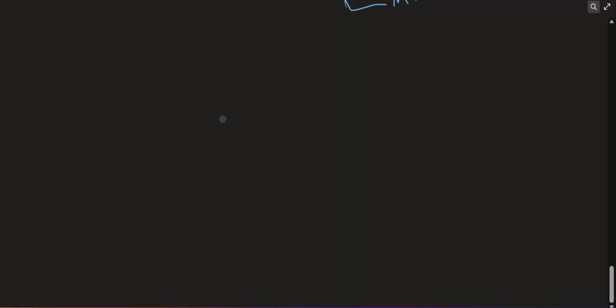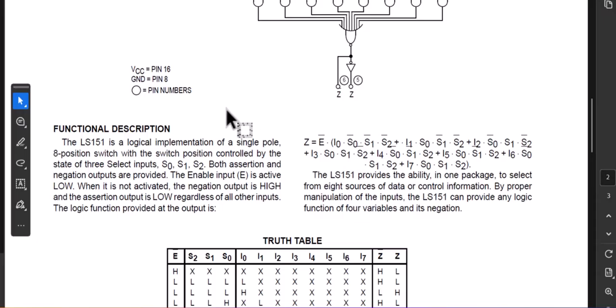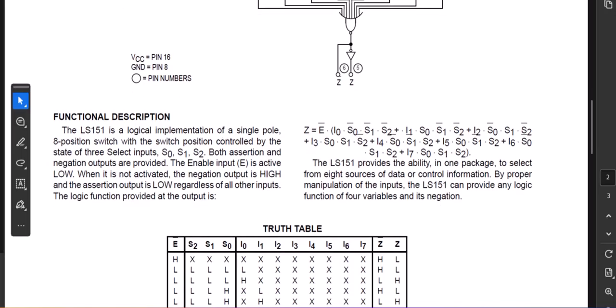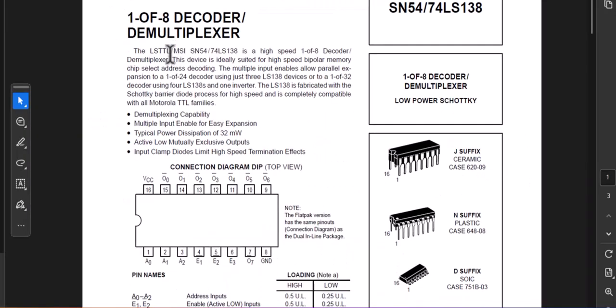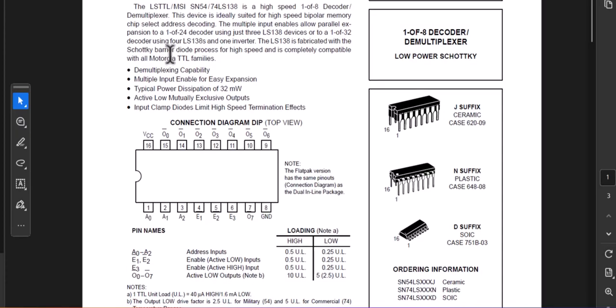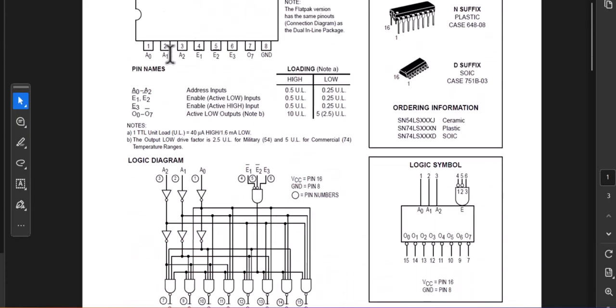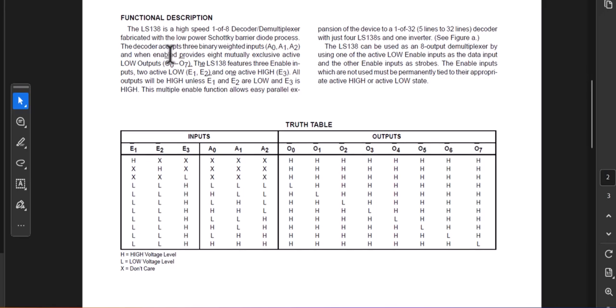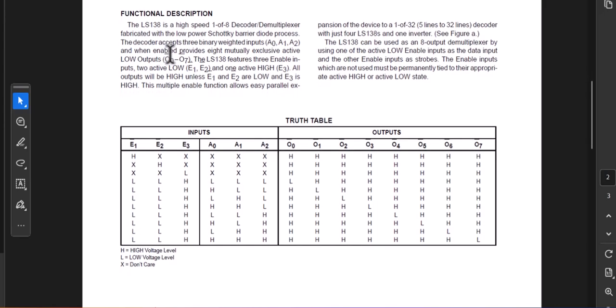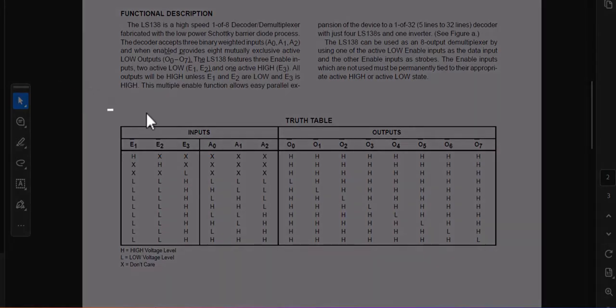All right. So now we're going to talk about decoders, and the way a decoder works. Okay, first of all, the thing to be aware of is that the decoder that y'all have is active low.